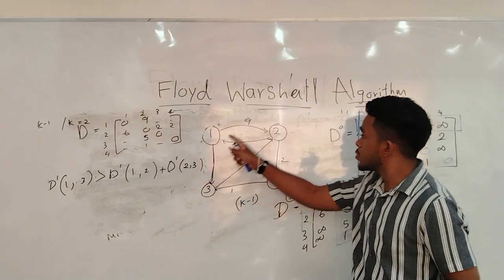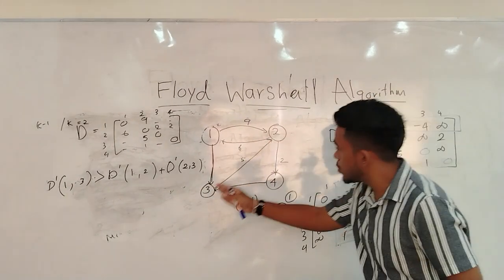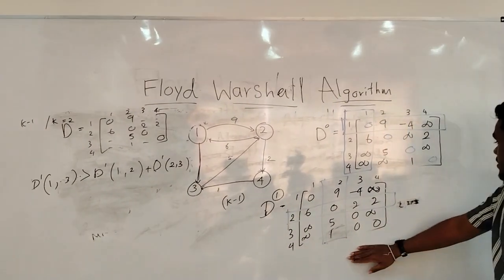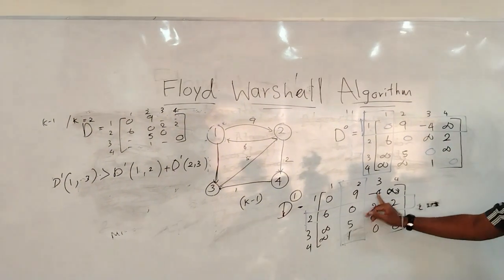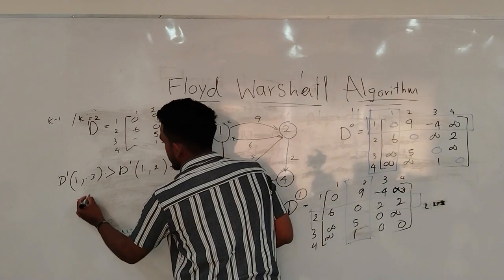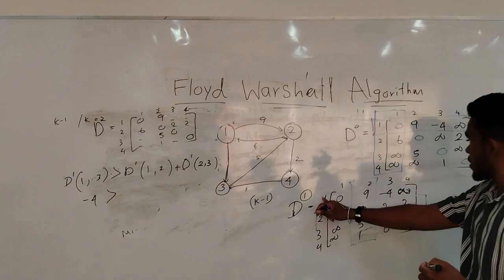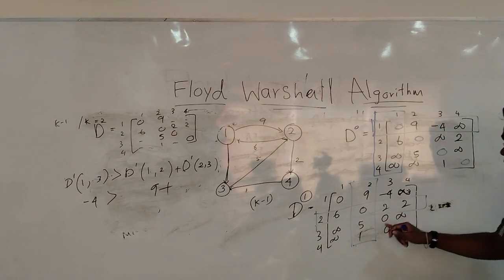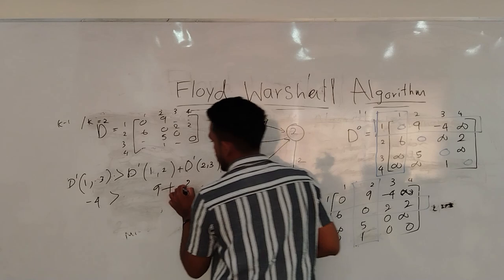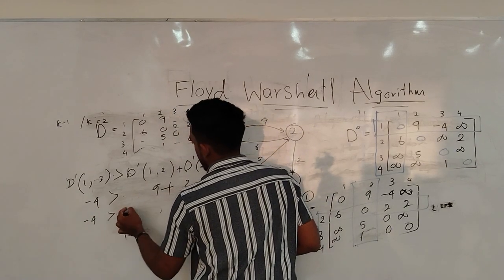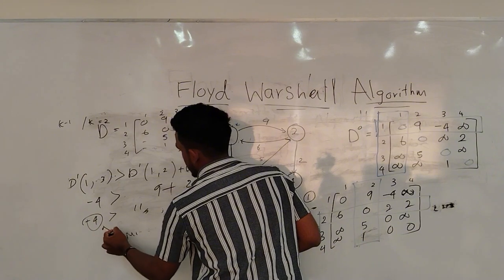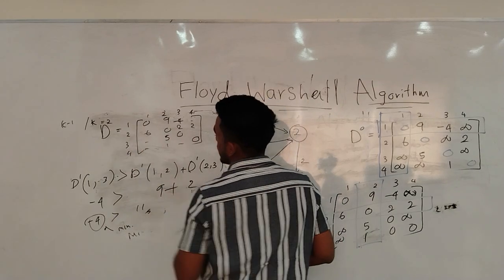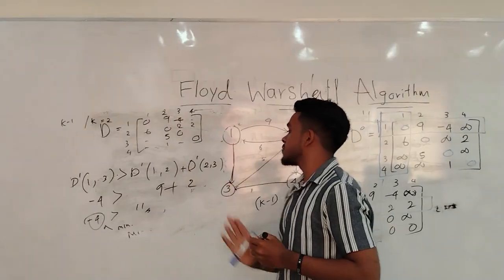If we go through 2, 1 to 2, 2 to 3. So d1 1 to 3 is minus 4. Minus 4 compared with d1 1 to 2 is 9 plus d1 2 to 3 is 2, that is 11. Minus 4 is smaller than 11. So the minimum shortest distance for 1 to 3 is minus 4.